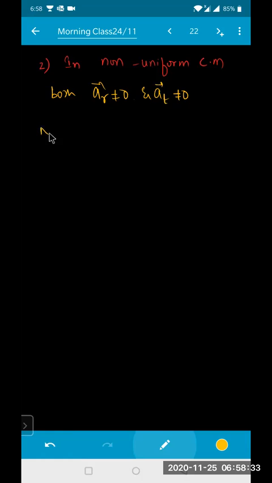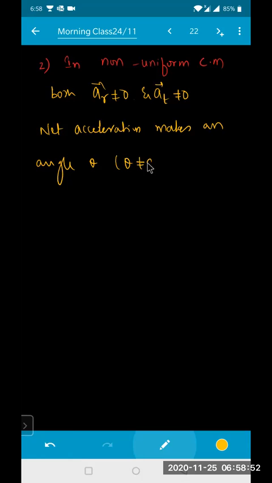That means net acceleration makes an angle theta, isn't it? But theta is not equal to 90 degrees with velocity v bar.